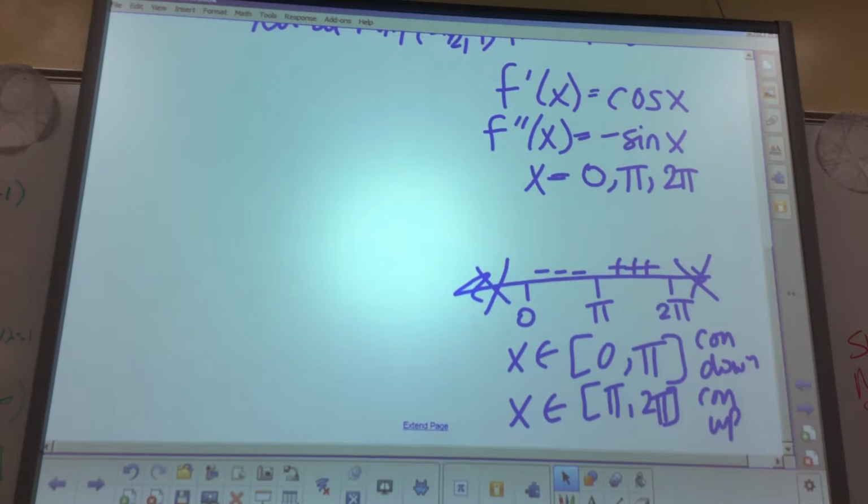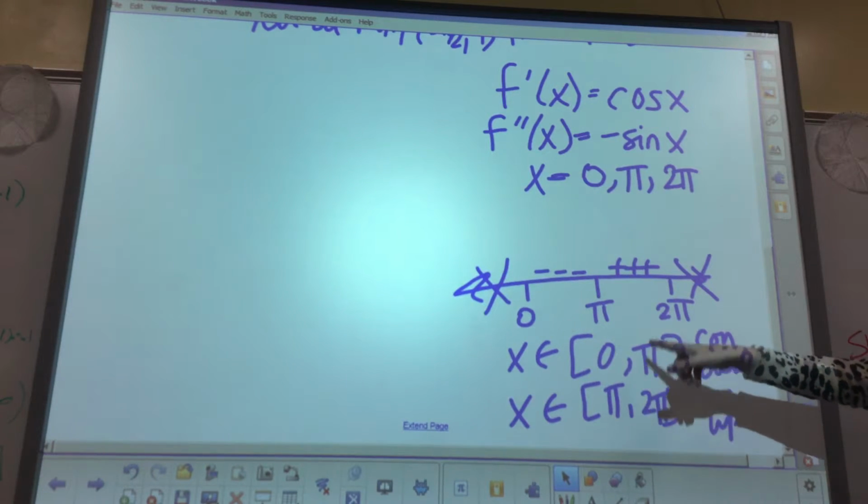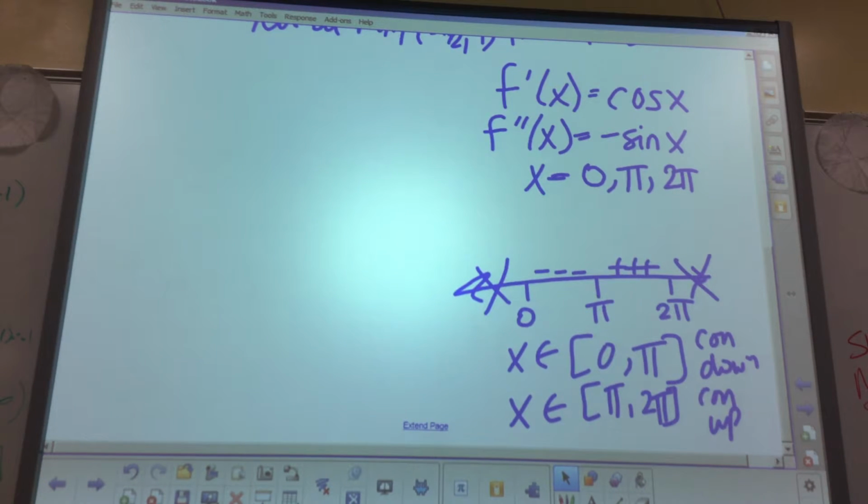All right, so let's move on. When I look at my work, what would we call pi here? What is the formal name for what pi is serving in terms of the function? Point of inflection.